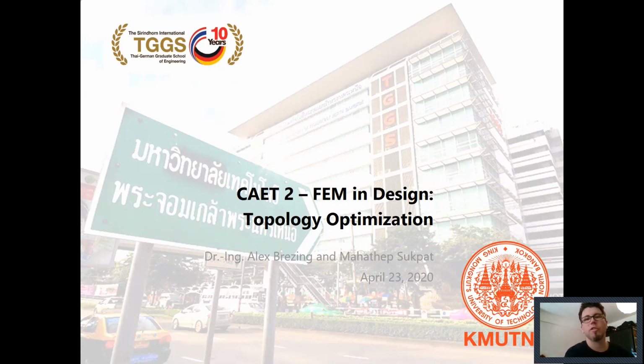It will be elastic because typically your stress level that you allow is, of course, within the elastic region of the material that you choose. If you don't want flexibility, if you want a stiff structure, you can define that too. But then, of course, you must exactly define how much weight you want to save. So Mahathep will go through these options and strategies.